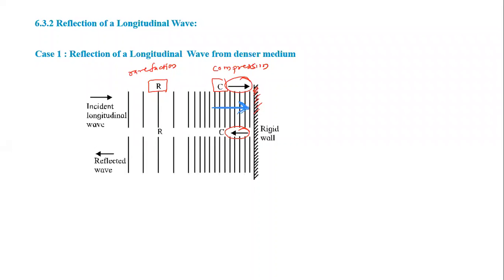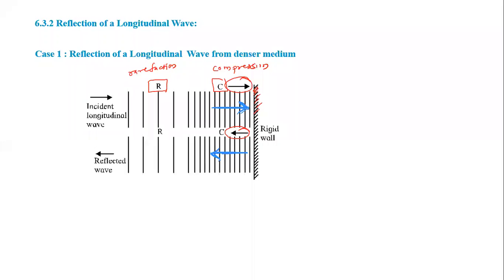After reflection, the particle velocity is this. Because you know that in a longitudinal wave, the direction of propagation and direction of vibration are both parallel. Now here we can say that particle velocity and wave velocity are both reversed.